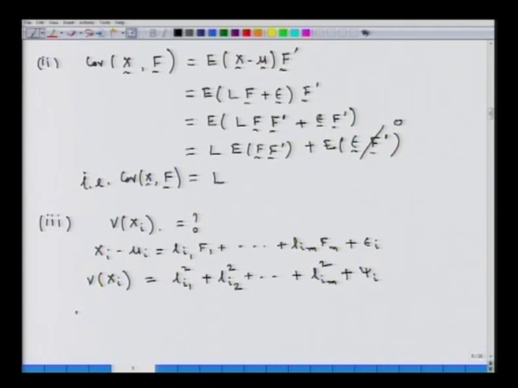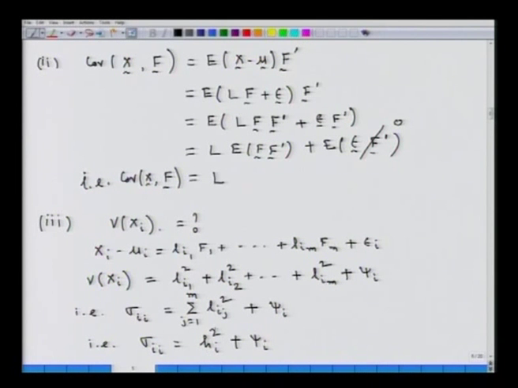So sigma ii, which is the ith diagonal element of the variance covariance matrix sigma, is equal to the summation over j equal to 1 up to m of Lij square, plus psi i. It is written in the following way because there is a special name attached to the first quantity on the right hand side. Let us write that as Hi square, plus psi i.